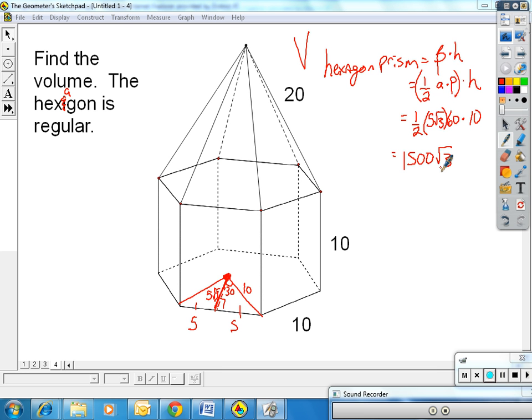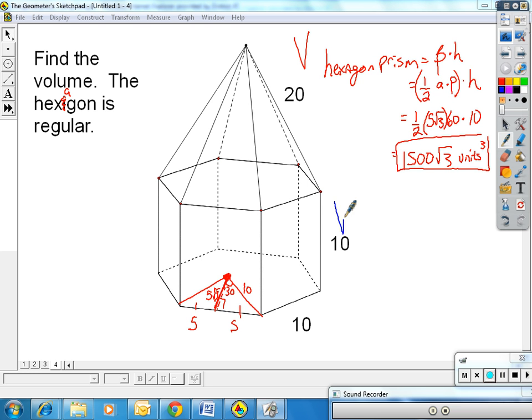Check my work there. 10 times 60 is 600. I'll multiply that by 5, divide that by 2, 1,500, yep. And that is units cubed. So that's my hexagonal prism.